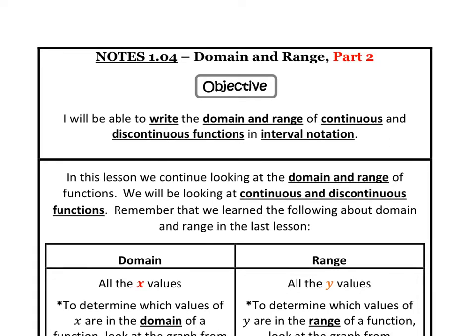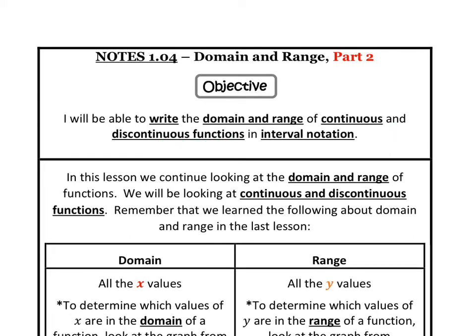Good morning, guys. Today we're going to be covering Notes 1.04, Domain and Range Part 2. This is a continuation of the last lesson. The objective today is not only will we deal with continuous functions like we did on the last lesson, but in this lesson we're going to talk about discontinuous functions.